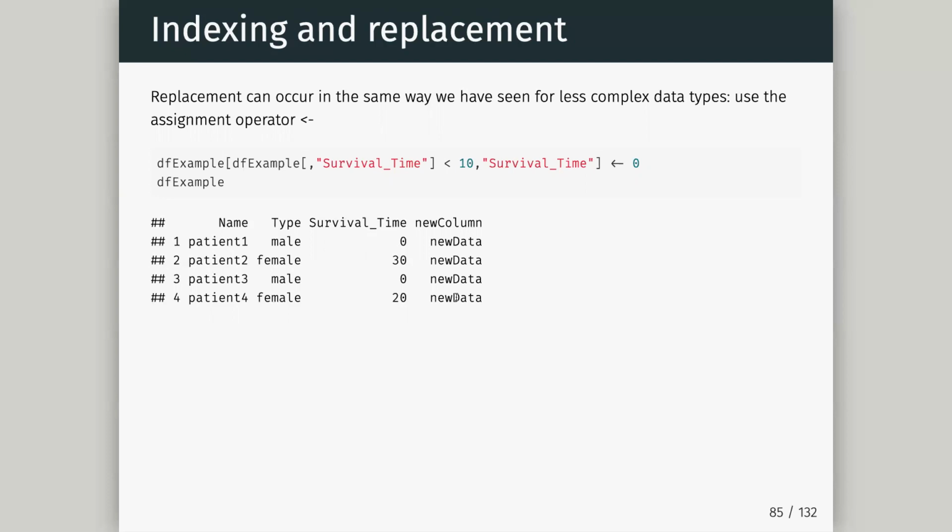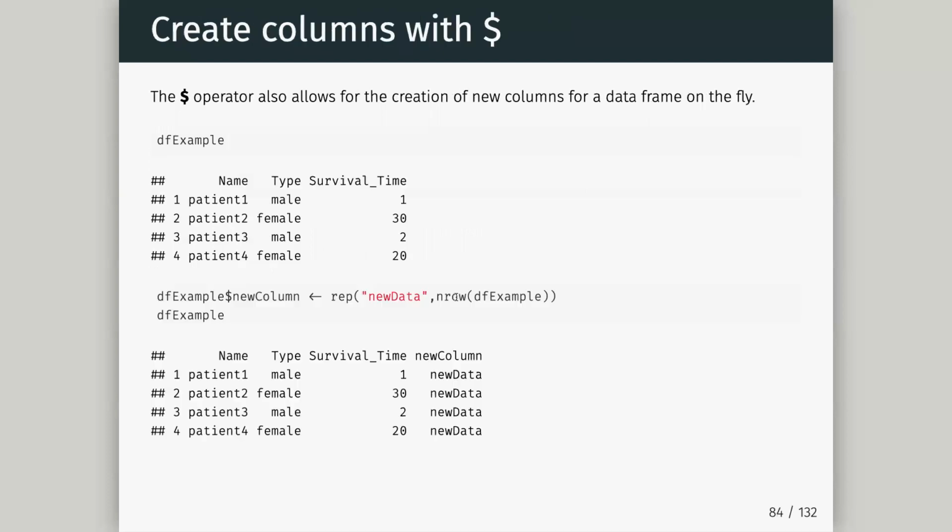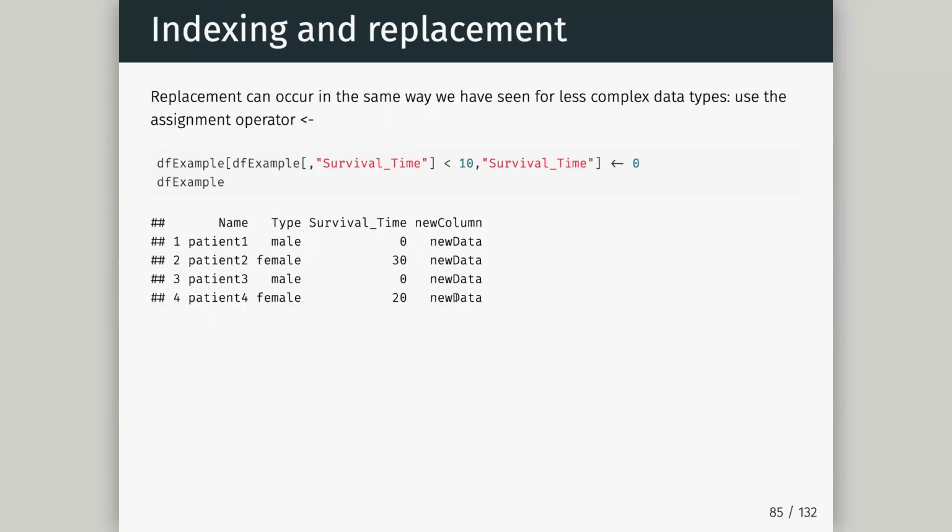And any time it was less than 10, I'm going to assign a 0. And I can update this data frame just as I would a matrix, just as I would a vector. 0, 0. And previously, I think it was 1 and 2 or something. Right, so just the positions in there where it was less than 10 in that particular column are replaced.